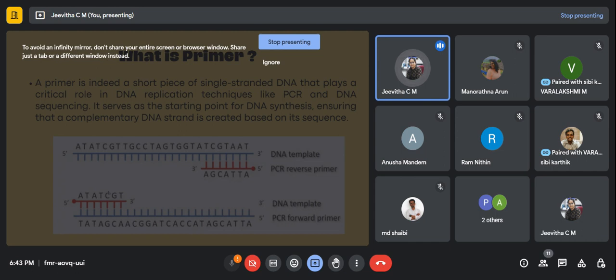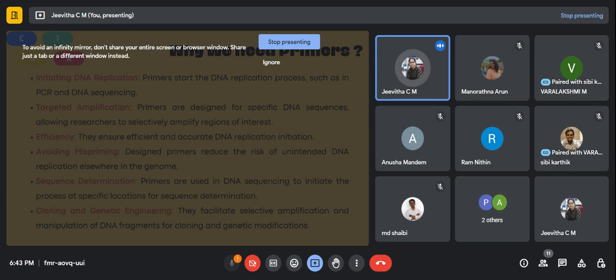And when we are designing the primers, we have certain criteria, like how to design the primers, basic constant things we have to look into. And why we need primers?